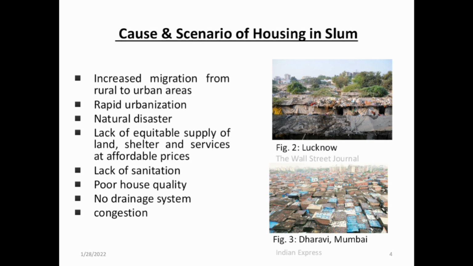The remarkable causes for urban poor to live in these slum areas are increased migration from rural to urban areas for basic economic opportunities, rapid urbanization, natural disasters, lack of equitable supply of land, shelter and services at affordable prices, and many more. These causes create bad roofing condition, overcrowding, lack of sanitation and access to basic infrastructure.